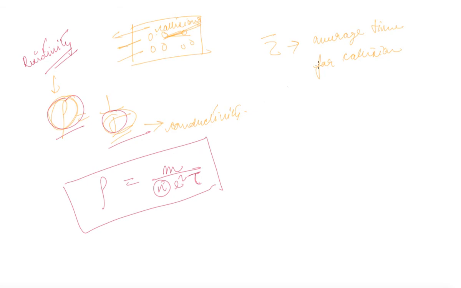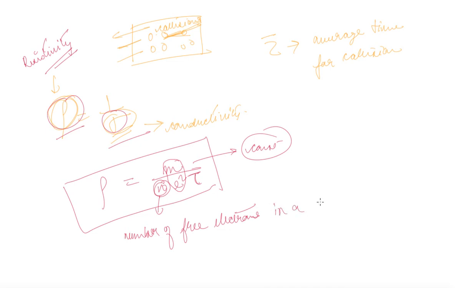Now let's understand this relation. So if you look over here, M divided by E squared is a constant, so it won't vary. Now all we have to understand is N. N is actually given as the number of free electrons in a given substance.